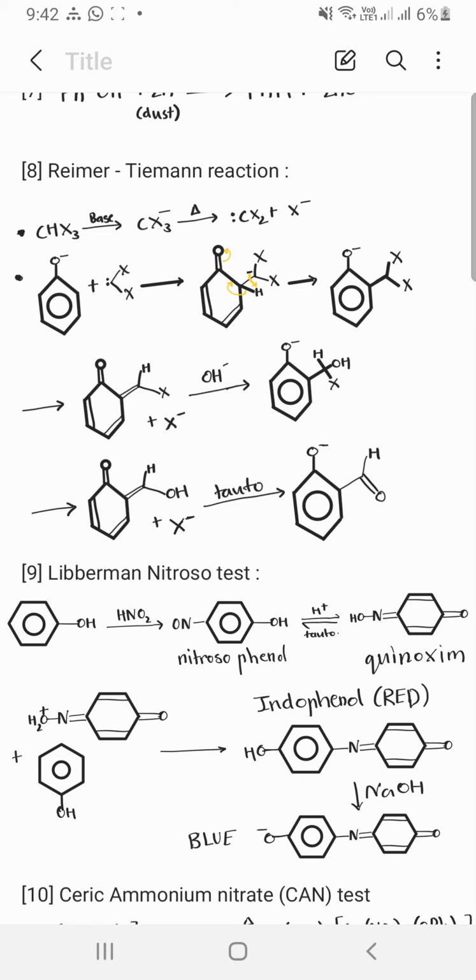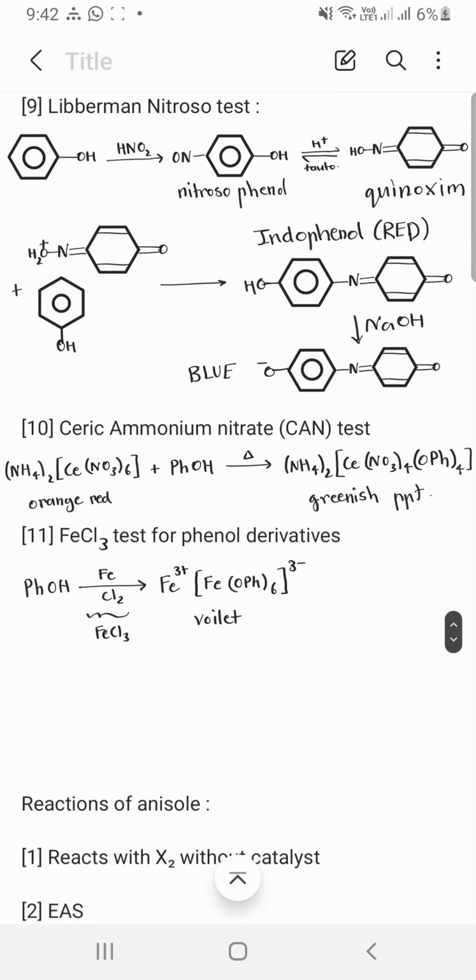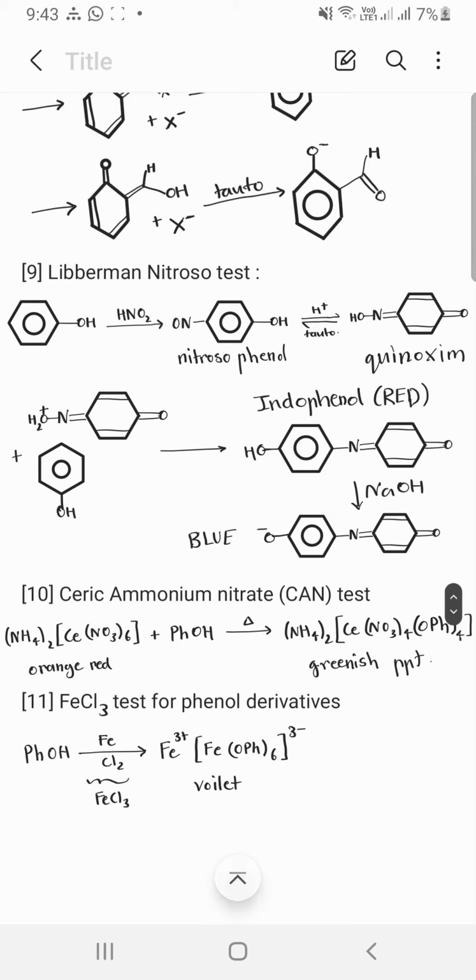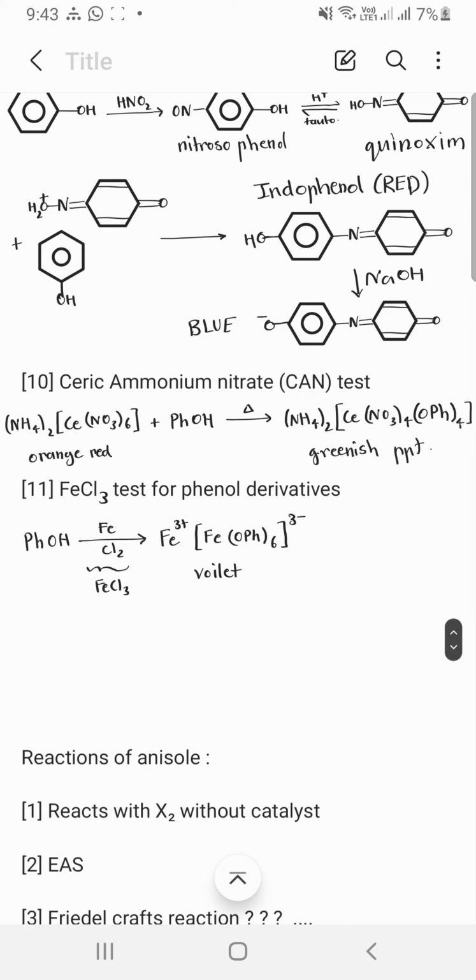Reimer-Tiemann reactions. We have seen a lot of these things till now. Liebermann nitroso test. This is important. So you first nitrosate the phenol, and then you form this quinoxime thing, and then you do coupling with the phenol, and you create indophenol, which is red, and in NaOH it is blue.